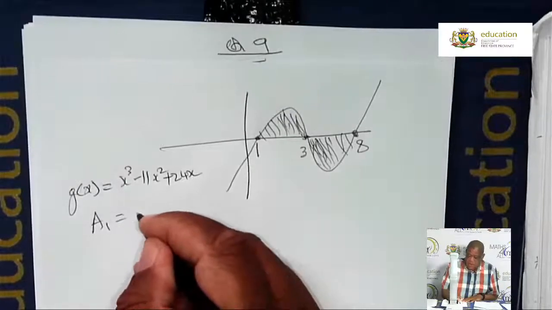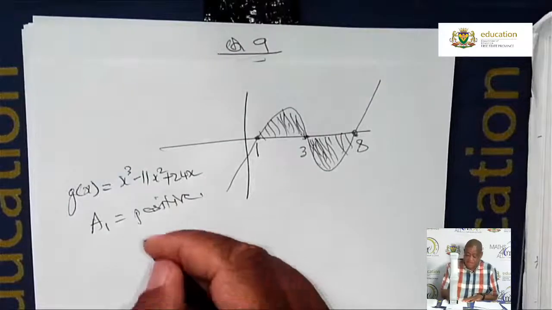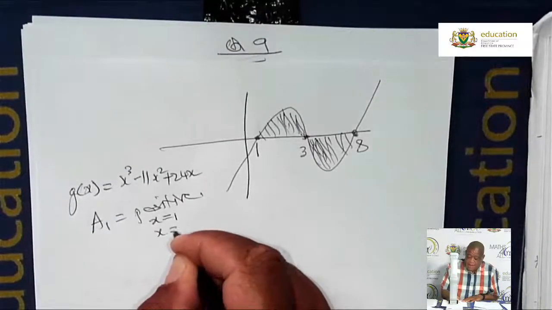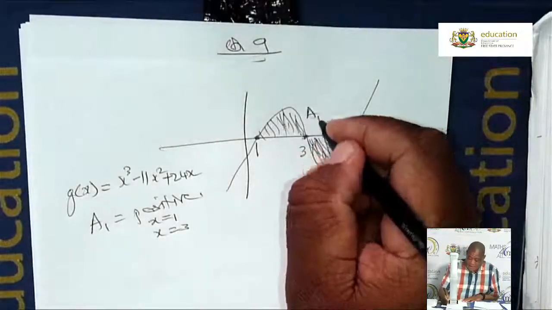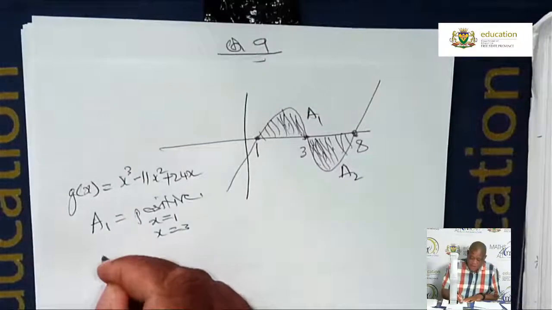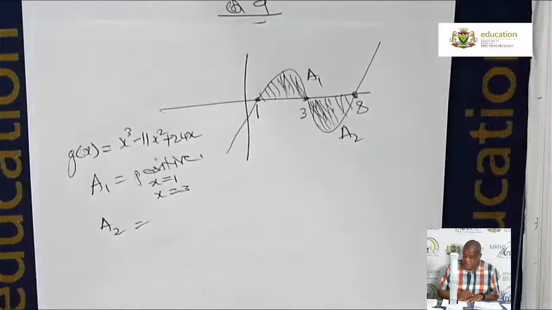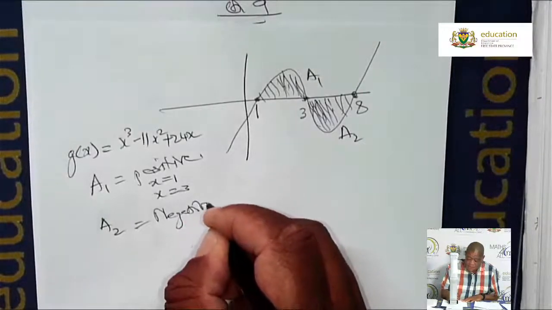It will be positive. That is between x equal to 1 and x equal to 3. Then you find the second area, the area of the second portion, which will now be negative. Don't be amazed.